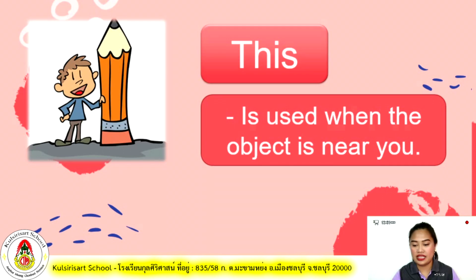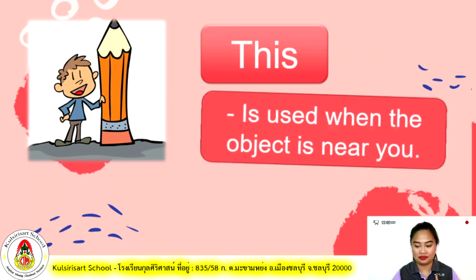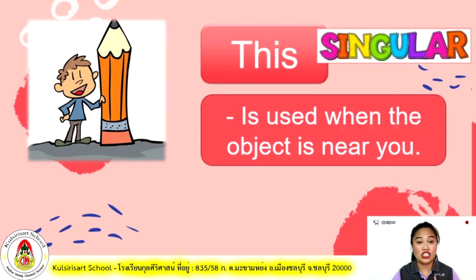Shall we read it again? This is used when the object is near you. Remember, near you. And then one more thing. It should be singular. What's the meaning again of singular? Is it 1 or 2?